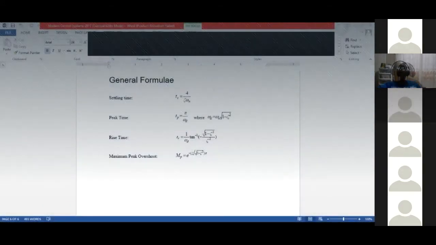Or the final value for the first time. So again, at the end of this we will talk about where we get these formulas from. Rise time.